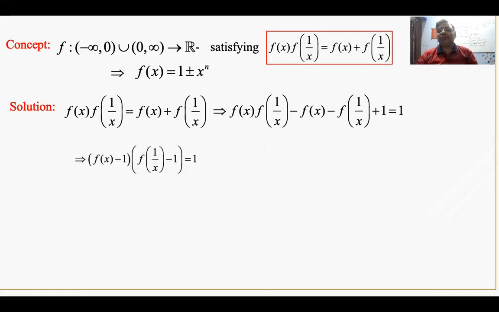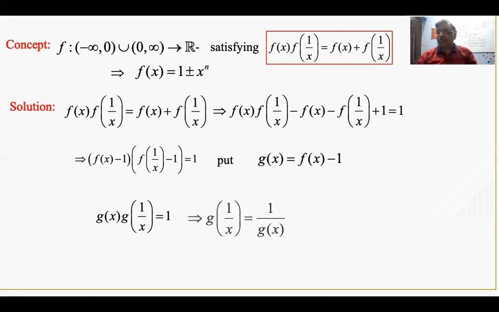The factors are f of x minus 1 into f of 1 by x minus 1 is equal to 1. We got it. Now in this product, put g of x equal to f of x minus 1. Then clearly the equation becomes g of x into g of 1 by x is equal to 1. So that is the same as g of 1 by x is equal to 1 by g of x.